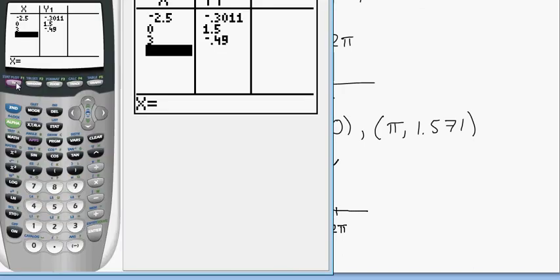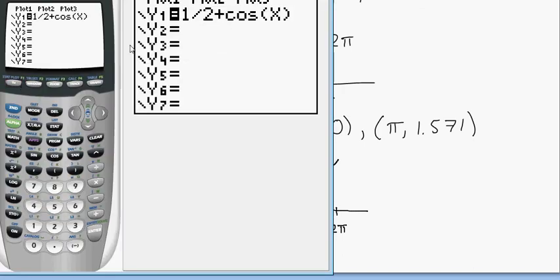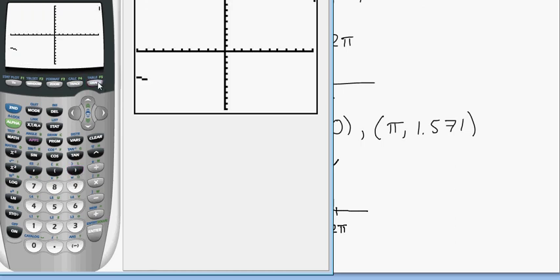Now we're going to plug in our original. So I'm going to clear this out. And I want to graph 1/2 x plus sine x. By the way, make sure you are in radian mode for this. And let's see, let's graph. Now it looks like our window must be bigger than we need.